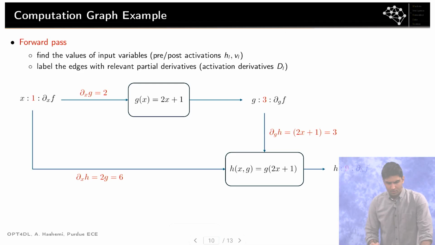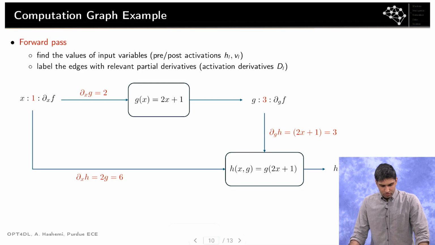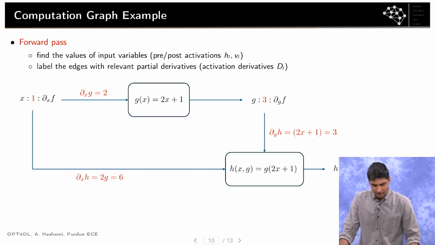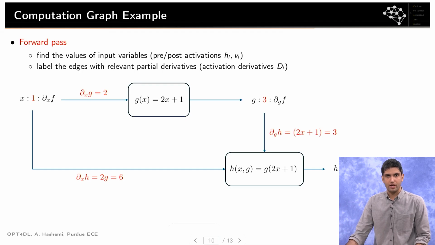All right. So we're going to define a graph with certain nodes. Each node is a variable, and the edges help us see how the variables depend on each other. Okay, so we have 3 variables here: x, g, and h.